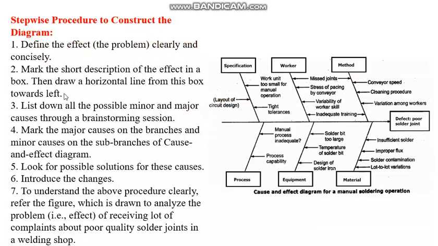First, you define the effect or the quality characteristic or the problem very clearly. You see here, there is an example. This is a cause and effect diagram, or fishbone diagram, or Ishikawa diagram for a manual soldering operation. This is a soldering operation which is manually done, it is not automatic.